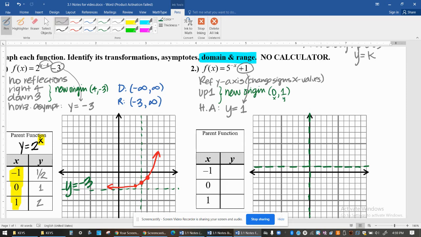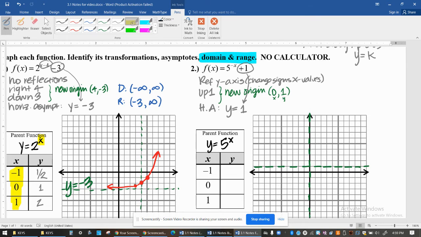All right, now the parent function is just y equals 5 to the power of x. In your parent function, you're ignoring any reflections or translations. You're just taking the base, which is that 5, and then writing down the exponent x.